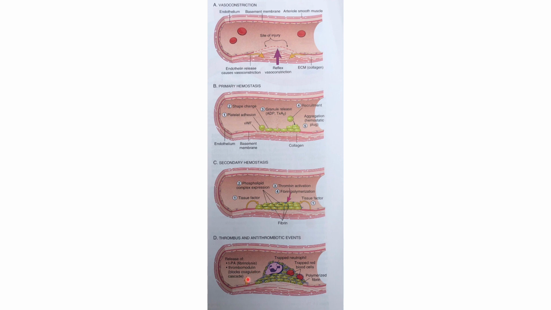You get release of factors listed here, and you get additional trapped neutrophils, trapped red cells, and polymerized fibrin. So you get a clot formed, and this is how you get thrombosis and arrest of the bleeding process.